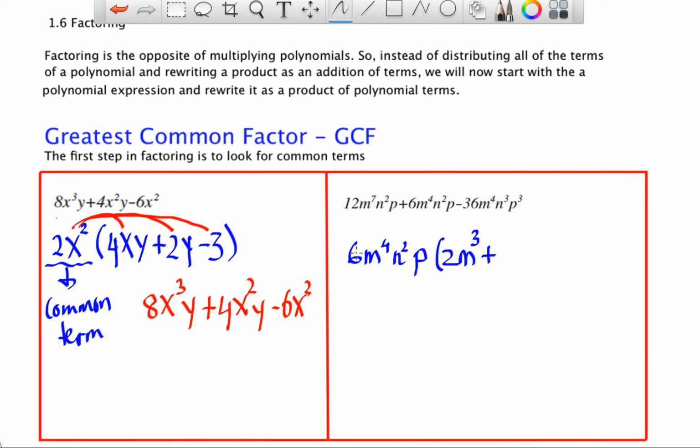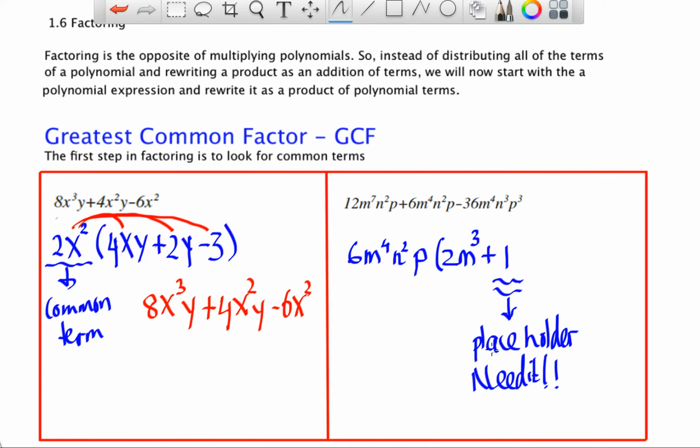Plus 6 divided by 6 is 1. And I'm going to write that, especially in this case it's important, because if you took m to the 4th out, and you took n squared out, and you took p out, then you do not have any variables left. But that does leave this 1 here. So this is sort of a placeholder. You need it.